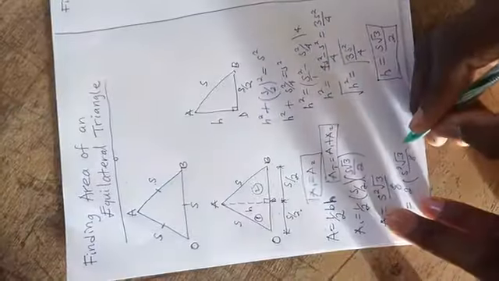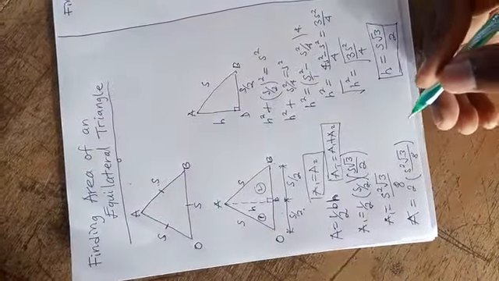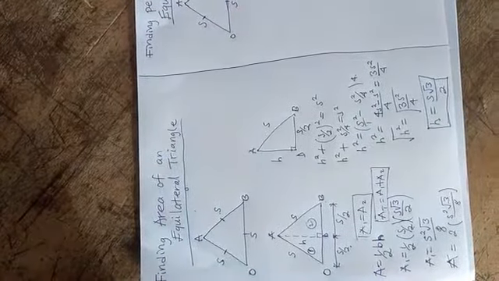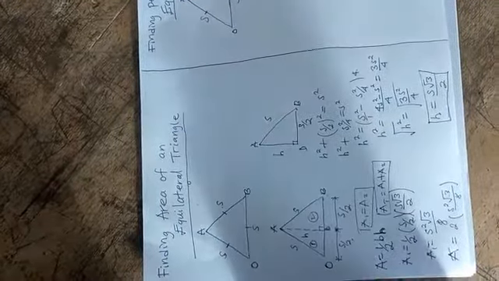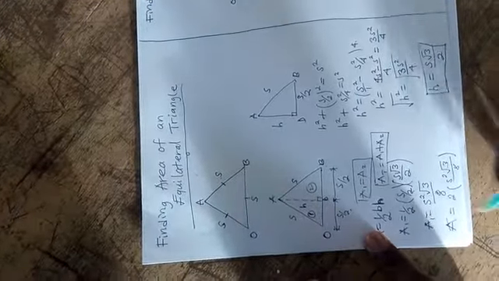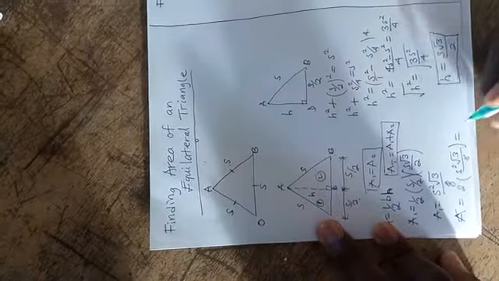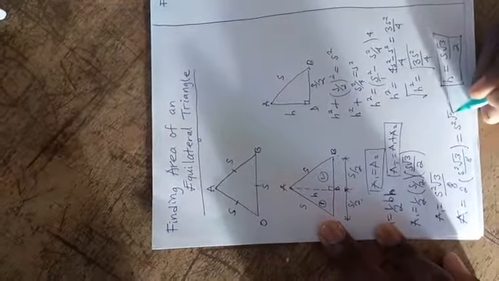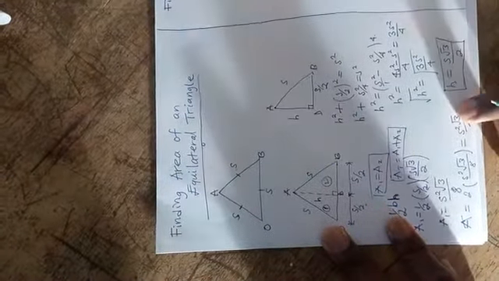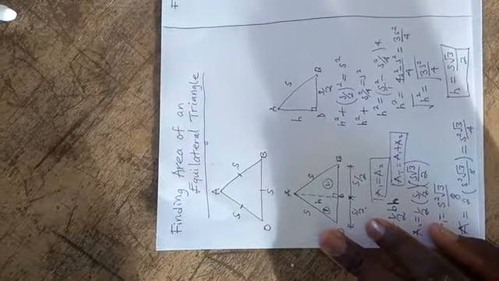Like I was saying, the entire area of this triangle will be 2 times area 1. So 2 times S squared root 3 over 8 will give us S squared root 3 over 4. So this is the formula we use to find the area of an equilateral triangle.